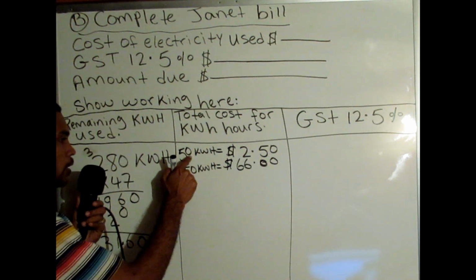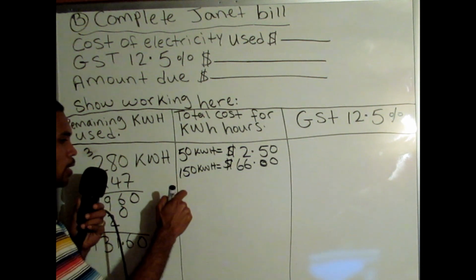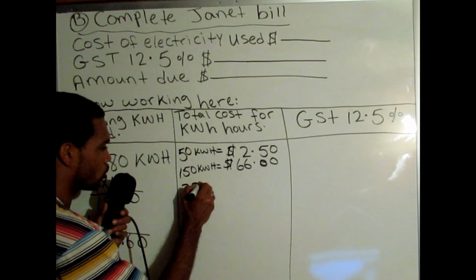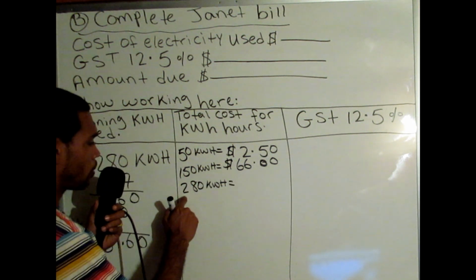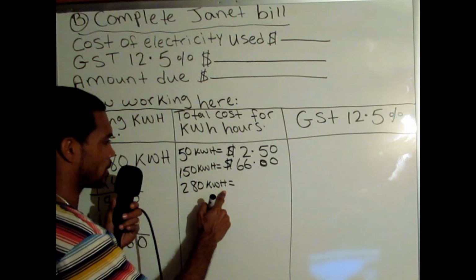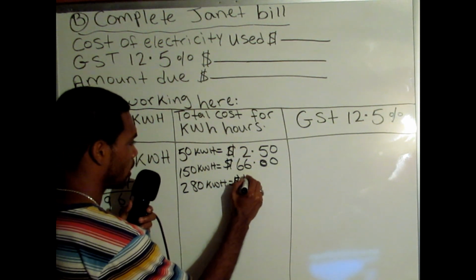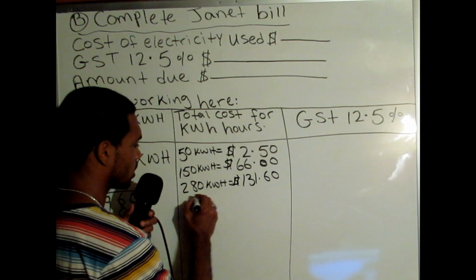When we add 50 plus 150, which is 200, and subtract it from the 480, the remaining was 280 kilowatt hours. And remember, when we multiply this 280 kilowatt hours by 47 cents, we got $131.60.